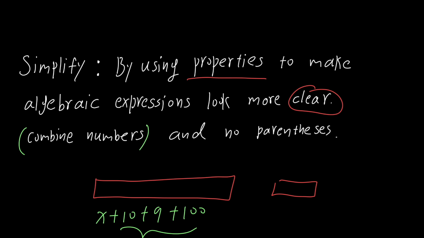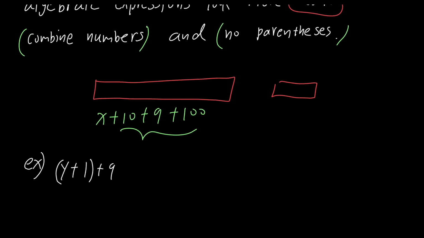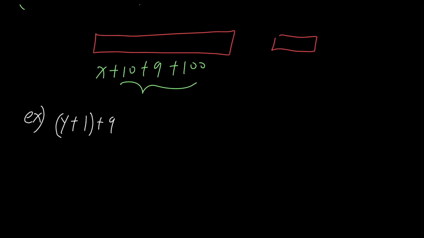And usually we don't like parentheses and we don't want to keep them. So let's look at an example right here. We have y plus 1 with a parenthesis around them, also plus 9.